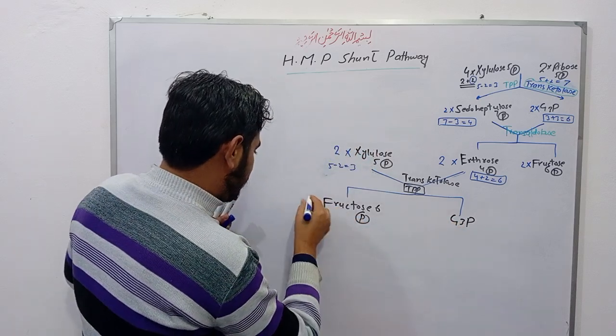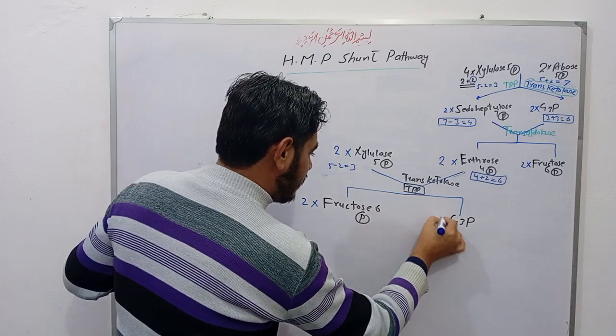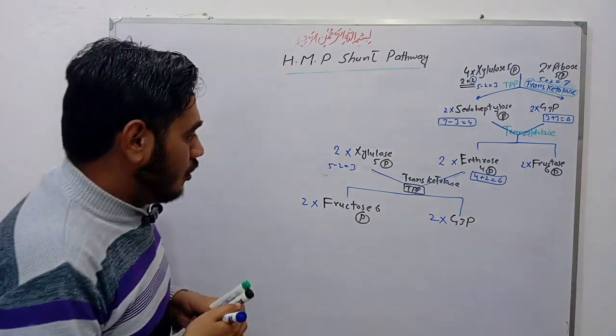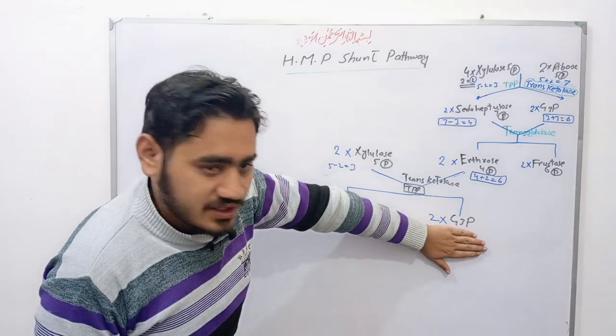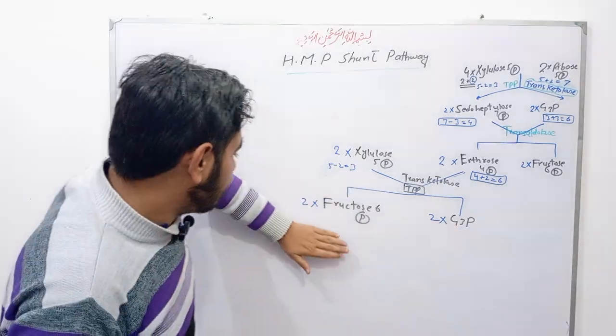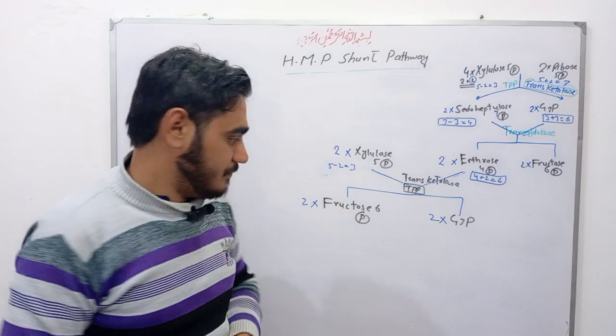These are the 2 molecules, and these are 2 molecules. Glyceraldehyde is a 3 carbon atom containing sugar, and this is a 6 carbon atom containing sugar.